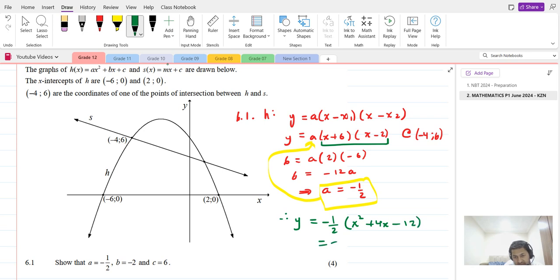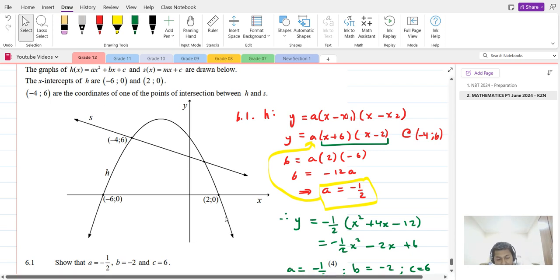And then open it up, we got minus half x squared minus 2x plus 6. So the value of a is minus half, b is equal to minus 2, and c is equal to 6, as we see here. So we got the entire equation of the parabola.